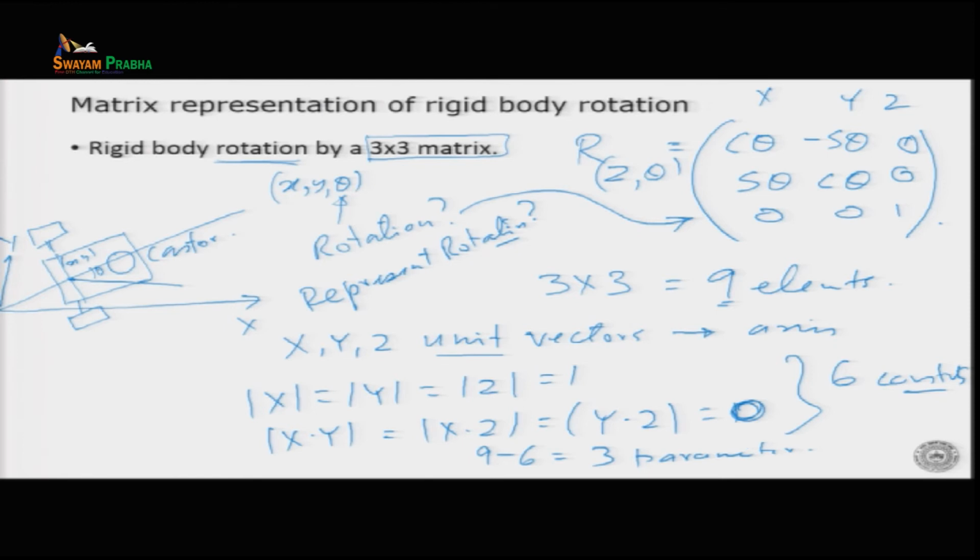To represent rotations, we need 3 parameters, and these are the 3 angles alpha, beta and gamma, which are the angles it makes with the x, y and z axes. Why 3? Although there are 9 elements, there are 6 constraints, so only 3 parameters are left.